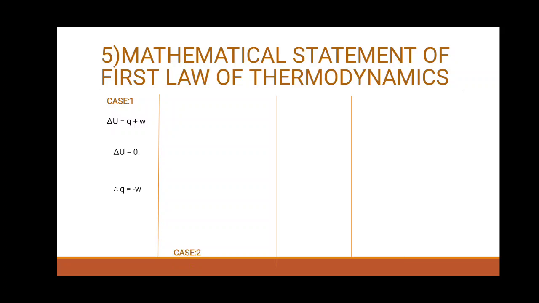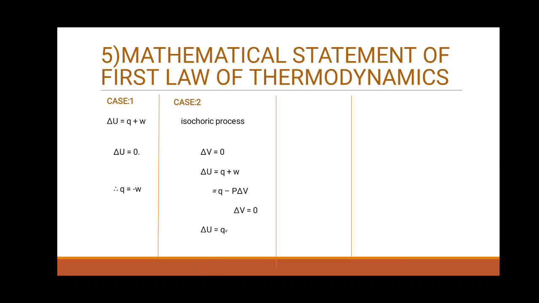Next, case 2. In case 2, isochoric process. The thermodynamic isochoric process means what? Volume is constant. So change in volume equal to 0.